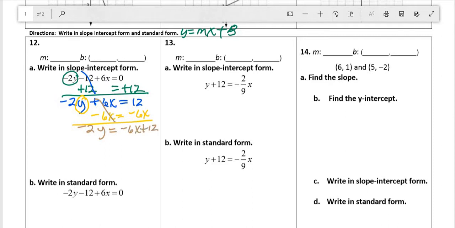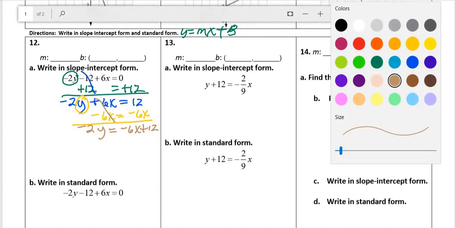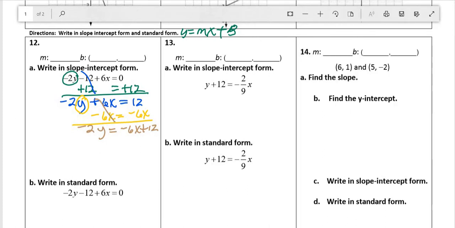However, I still do not have my y by itself. So I have to undo multiplication right here. So I'm going to divide everything through by the coefficient of the y. I'm going to divide all the way through by -2.